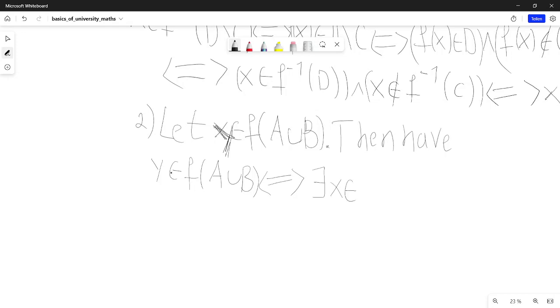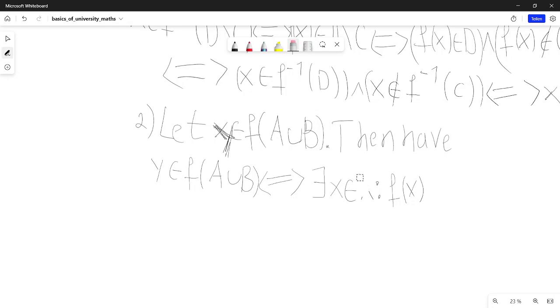It just means there is an X such that, and I'm too lazy to write it in words, so I write it with the existence thing. There is an X. Of course, not just in X, but in A union B, right?